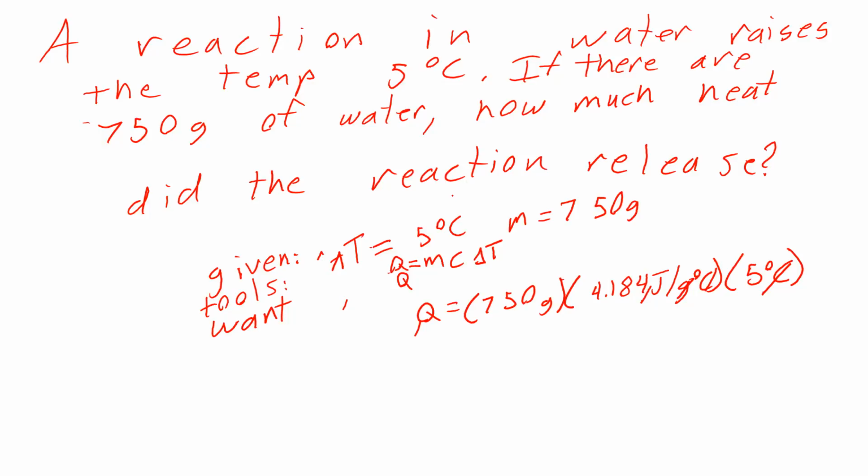Grams is going to cancel. Ultimately we get that Q is 25,104 joules. We need to pay attention to significant figures. Our number with the fewest significant figures is 1, so we'll represent this as 30,000 joules.